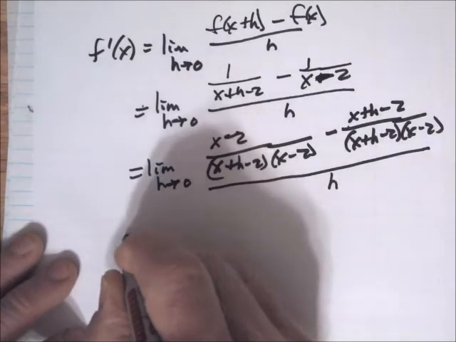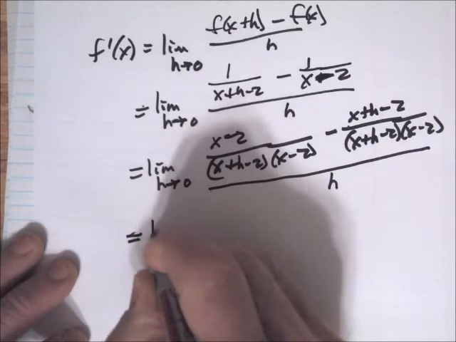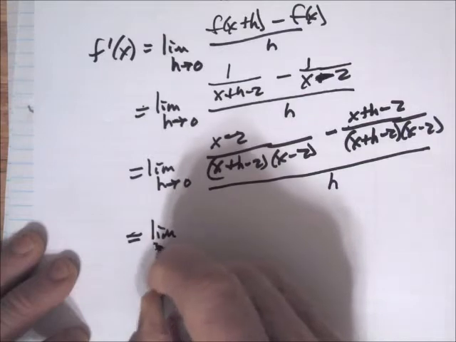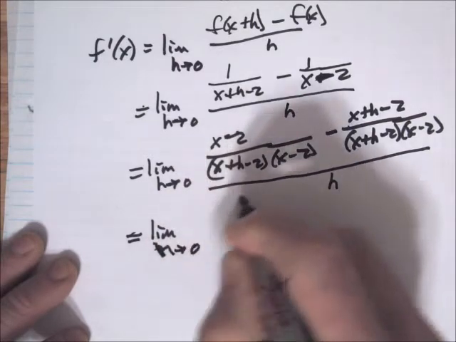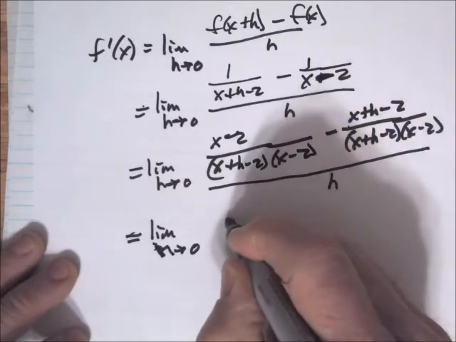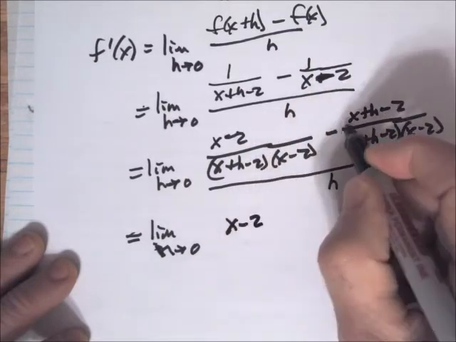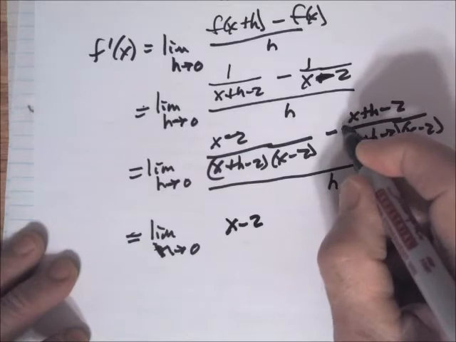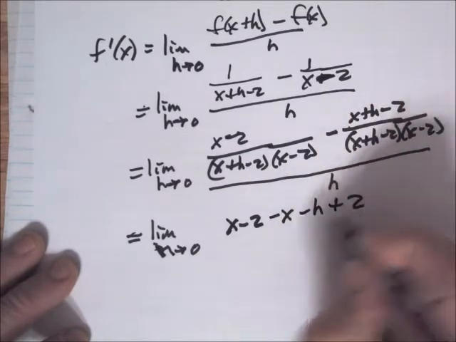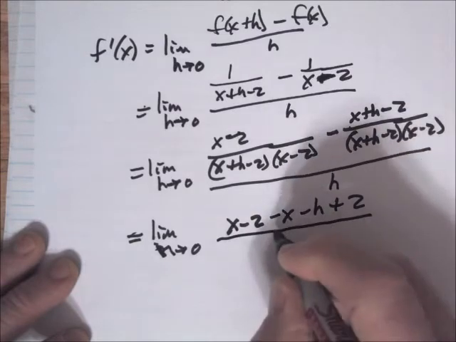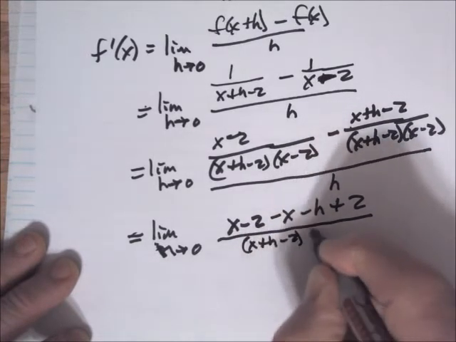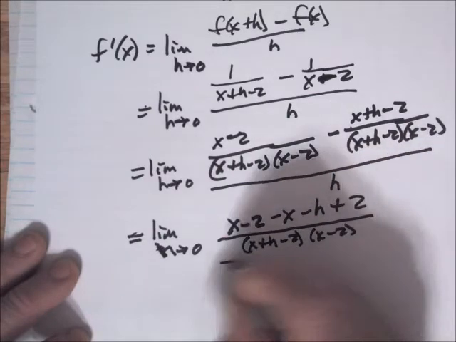So let's take the limit as h goes to 0. So we'll have x minus x. I'll distribute this minus sign. We'll have minus x minus h plus 2 over x plus h minus 2 times x minus 2 all over h.